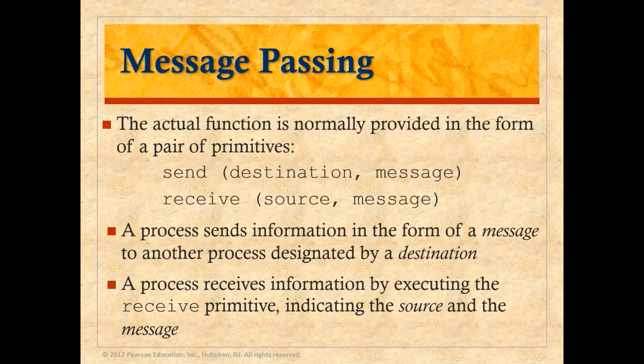A process sends information in the form of a message to another process designated by a destination. A process receives information by executing the receive primitive, indicating the source and the message that is being passed.